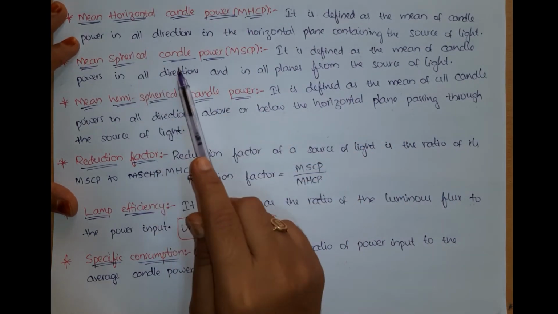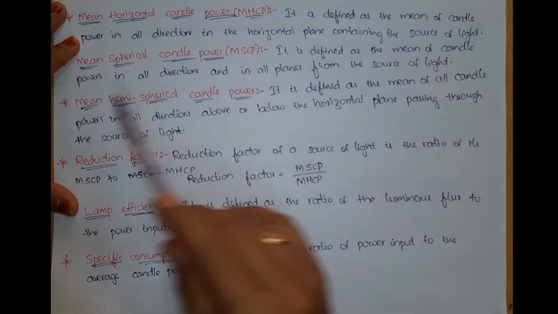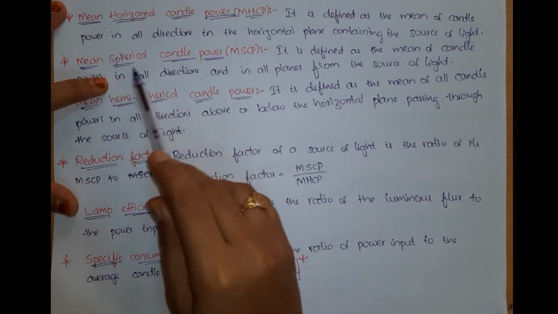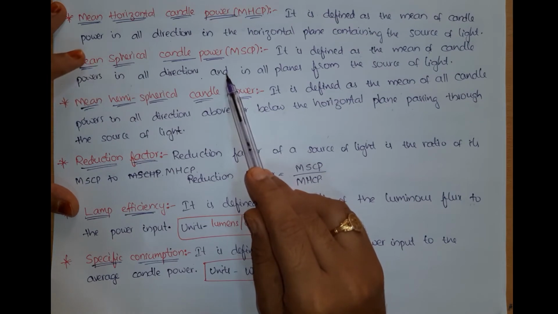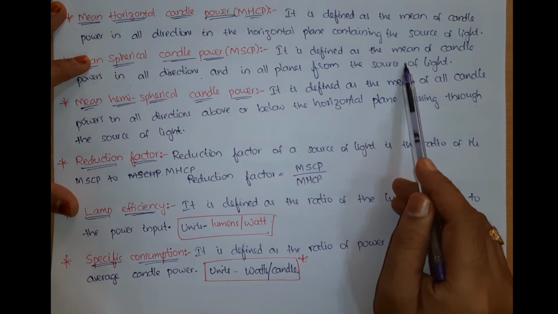Similarly, mean spherical candle power, MSCP, is defined as the mean of candle powers in all the directions in all the planes. As it is spherical, we have to sum up the candle powers in all the directions and in all the planes from the source of light.